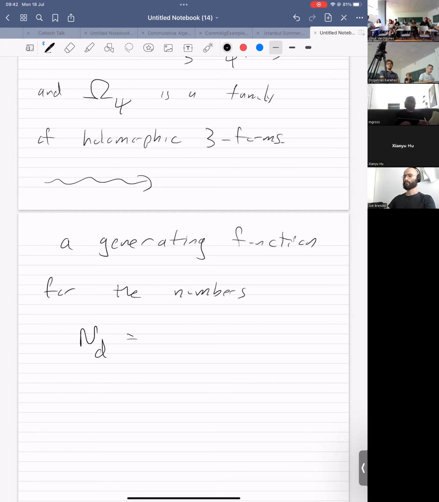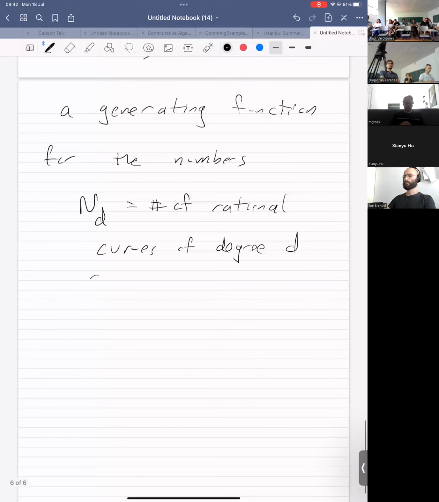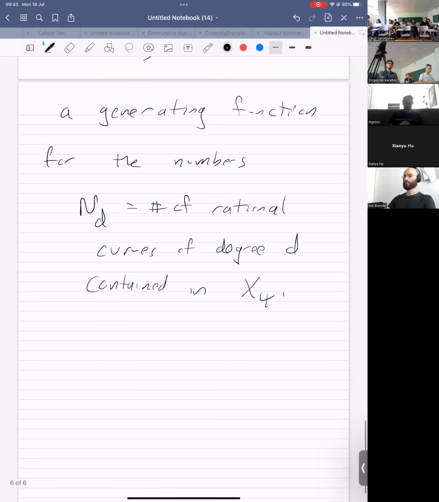And very roughly, this is the number of rational curves of degree d contained in X psi, in the original quintic threefold. Okay, so I've left out a huge amount here. Let me just give some indication about what these numbers are.